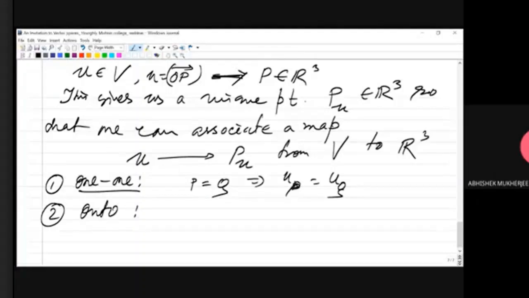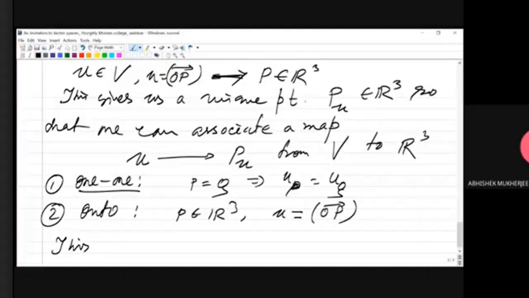That is, given any point P in R3, you can consider the vector OP, which will be determined by this point. So in this way, you can say that this map is actually 1-1 onto. That is, you have set up a 1-1 onto correspondence between the set V of vectors and the set of points in R3. So this is a bijection, right?